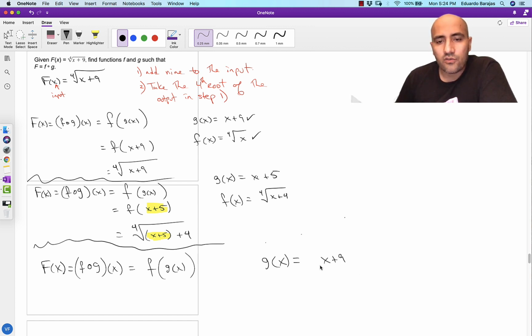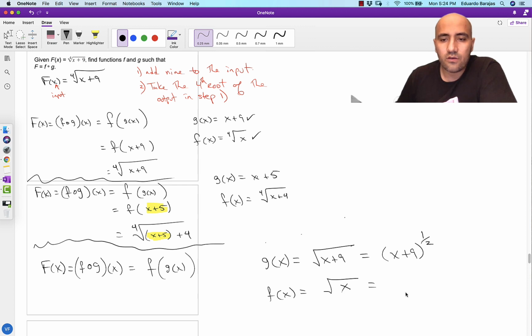And in fact, it's also equal to the square root of that, which we know is equal to x plus 9 to the power of 1/2. And then the f of x is also equal to the square root of x, which is also equal to x to the power of 1/2. So when we come back over here, this is going to be f of, and then this is going to be this guy. So this will be equal to the square root of x plus 9.